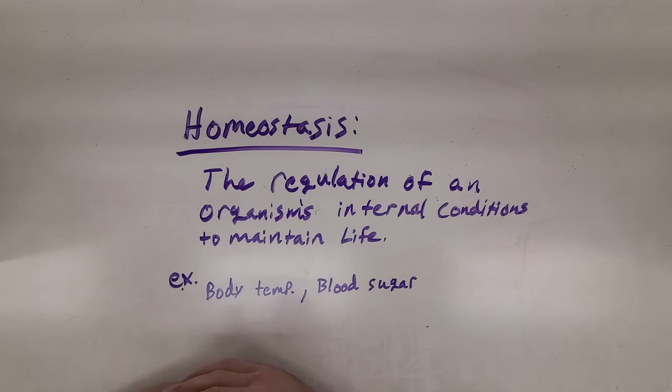Okay, to put it simply, homeostasis is just the regulation of an organism's internal conditions to maintain life. All of the organisms, at least that we know of on Earth, have different mechanisms to maintain certain conditions in their bodies in order to provide themselves with food and fuel, in order to maintain certain body temperatures so that they don't get too cold or too hot, maintaining oxygen levels so that their bodies can continue to conduct certain cellular operations.